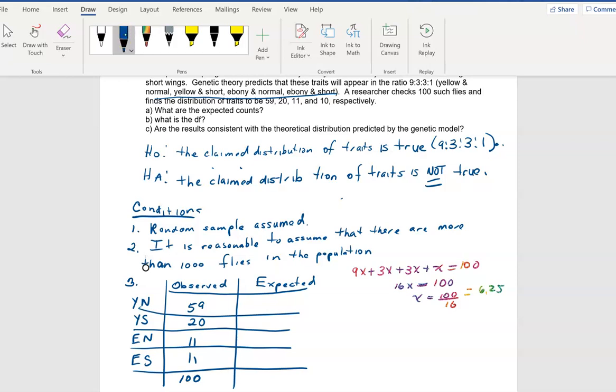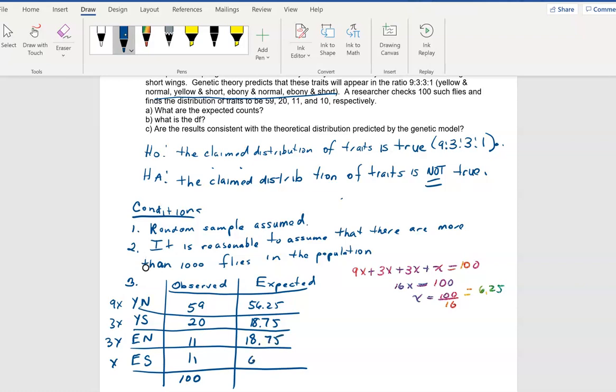So this is a ratio of 9x, 3x, 3x, and x. 9 times 6.25 turns out to be 56.25. 3 times 6.25 is 18.75. This is going to be the same.